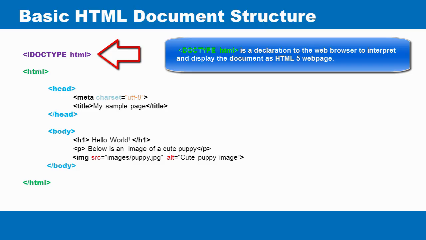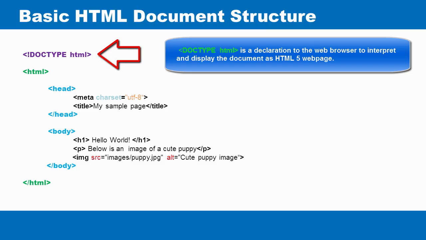You always have to add the doctype declaration to the very top of your document. It's the first thing you should do so the web browser knows what type of document to expect, and then they can render the correct document. I have written the doctype in uppercase, but it is not case sensitive, so you can also write it in lowercase.